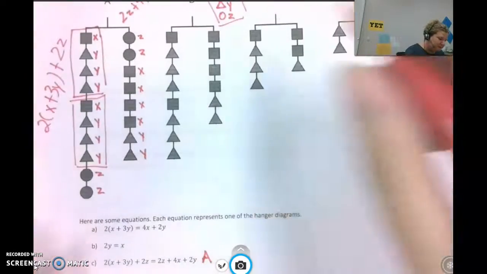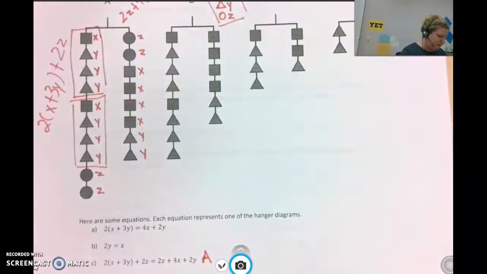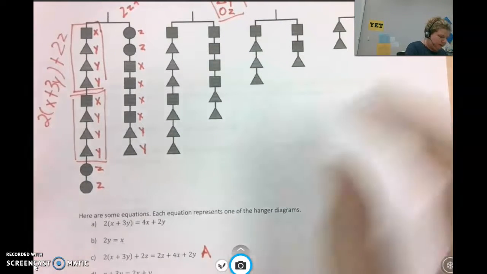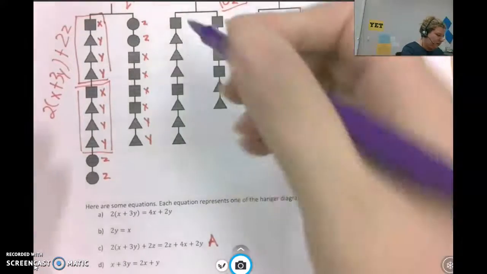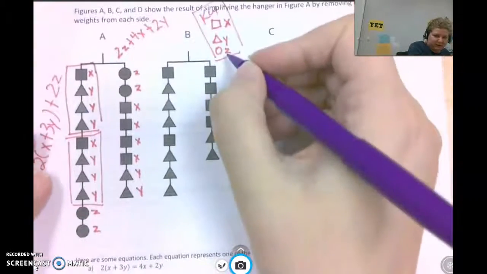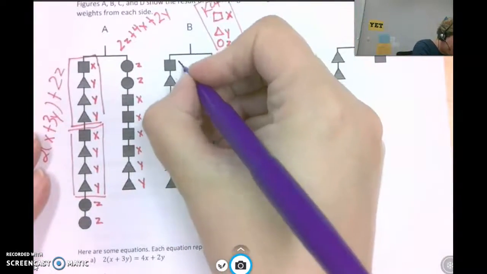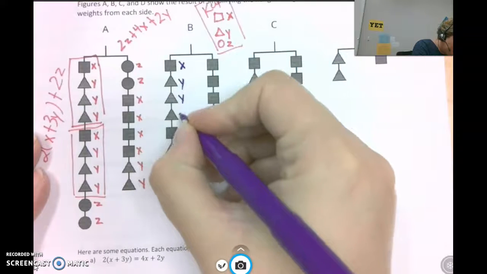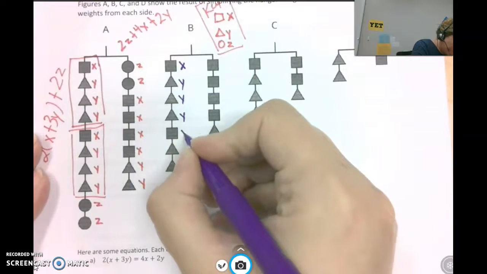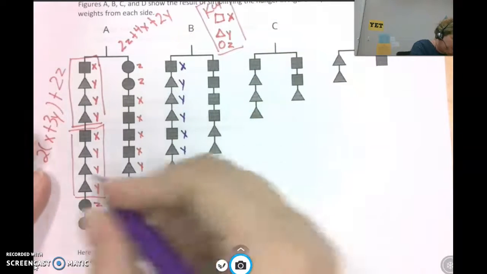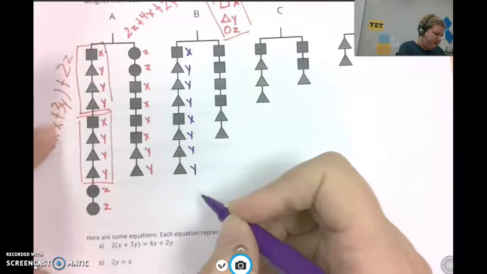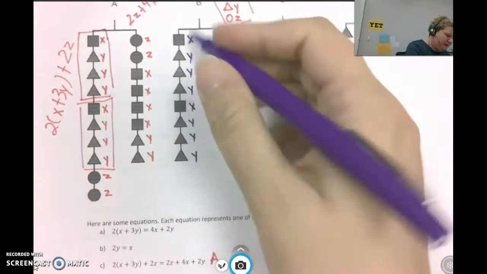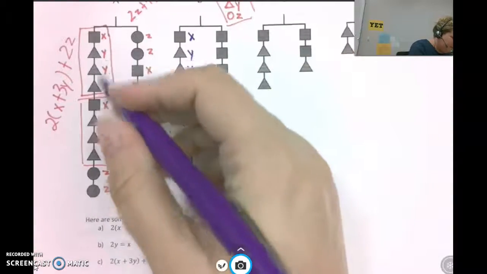All right, let's move on to B and see which equation matches it. So A went with C. Using our same key, I've got X, Y, Y, Y, X, Y, Y, Y. It's almost like I've cut that in half, this part here.